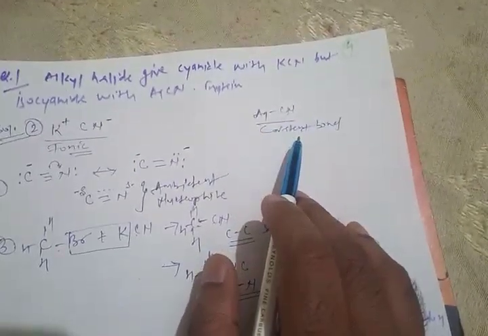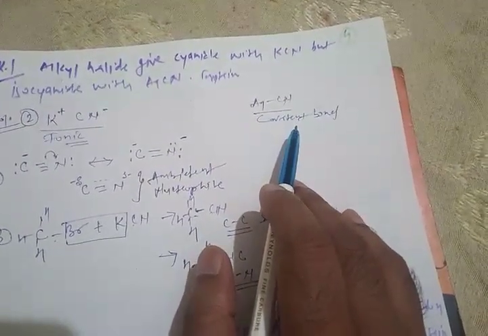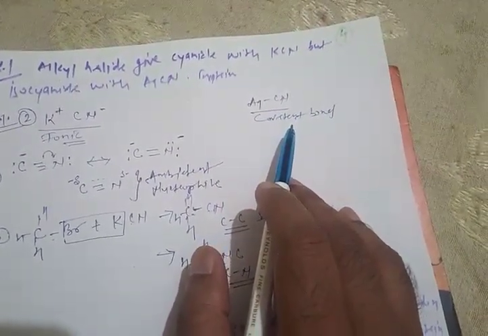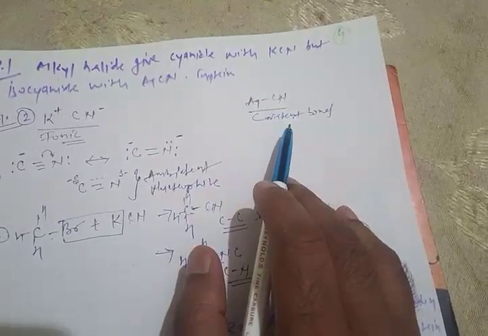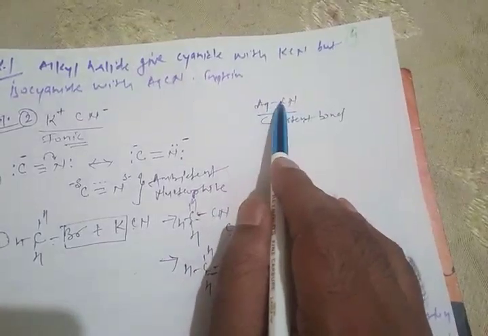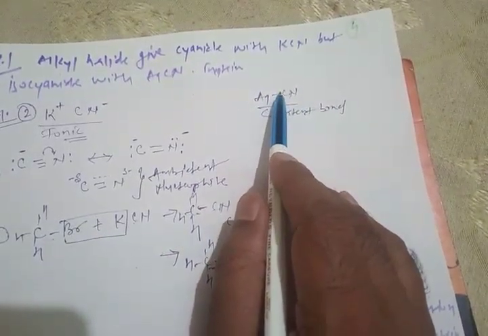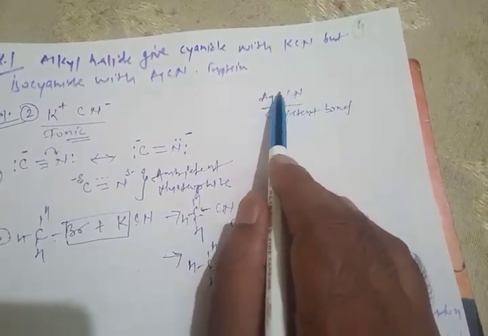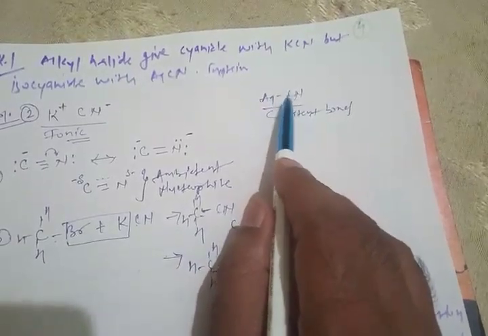This is an important thing you should understand. Here, as this is a covalent bond, only the nitrogen atom is free to donate its electron pair, because nitrogen contains the lone pair. This is a covalent bond, which means the electrons are shared by both, so there is no free electron.